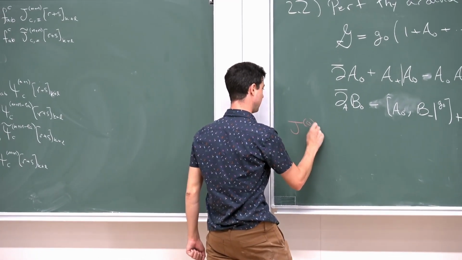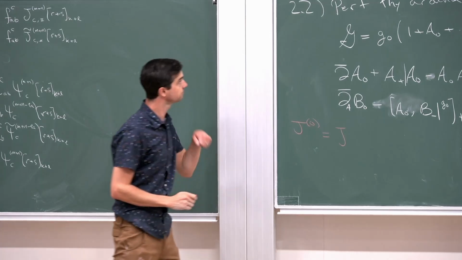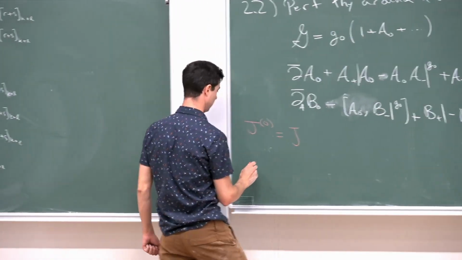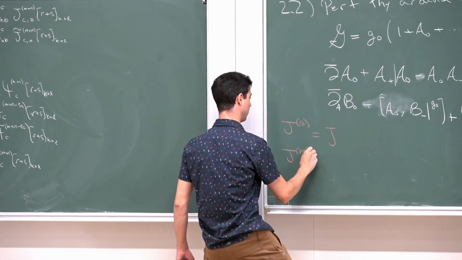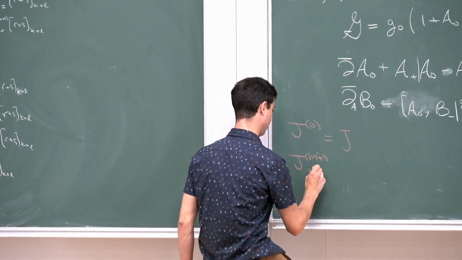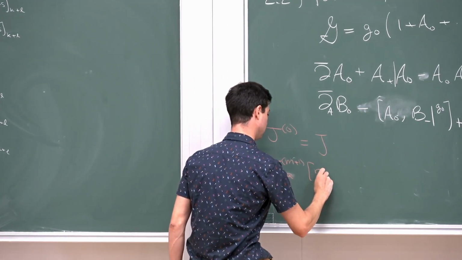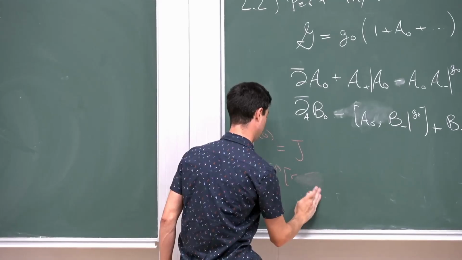The first thing to say is that J0 is just the same thing as J. Same thing with the tilde versions. And the higher values of M are determined as follows. Let me write it this way.